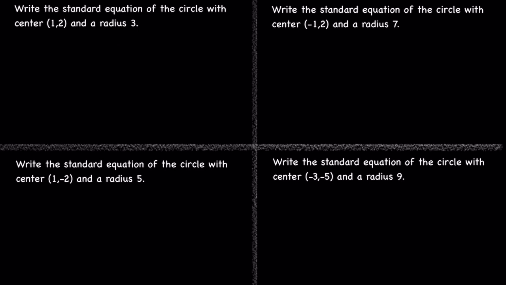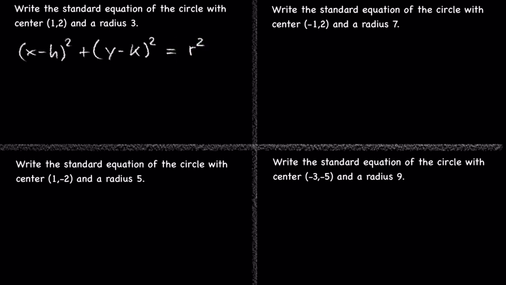The best way to start these kinds of exercises is to first write down the standard equation of a circle. This equation is always good to know. So we have (x minus h) squared plus (y minus k) squared equals r squared, where (h, k) is the center of the circle and where r is the radius of the circle.